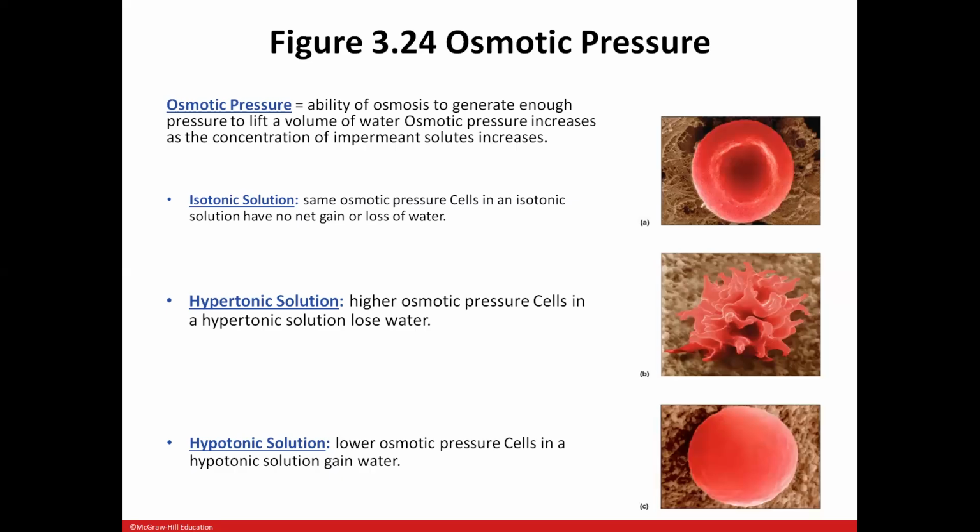If you see hypertonic, it means excessive pressure, and we're thinking of the solution. If you see hypo, it means deficient. So you're not thinking about what's happening inside the cell, you're thinking about what's going on in the solution. But again, if you remember hypo and hippo, that may also help you.